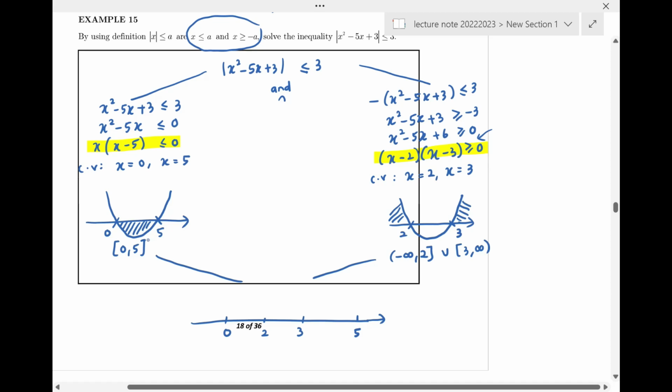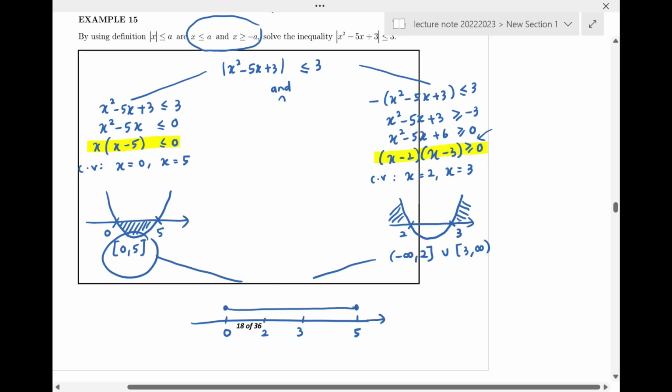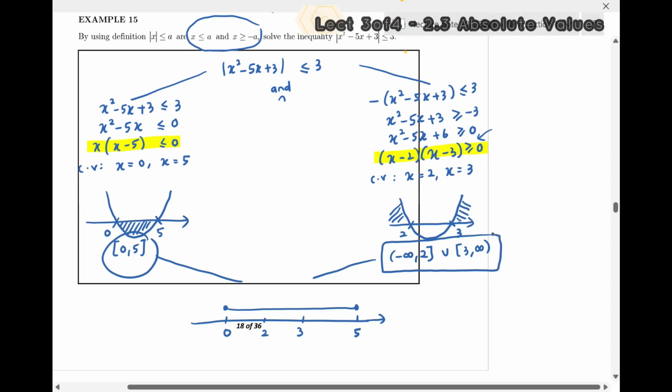So the first one, 0 to 5, we'll draw this one first, from 0 up till 5, and it is a closed interval, so it is a dense circle. So this one is the first answer. The second one is the answer for our second inequality, so we should put it in the same line.